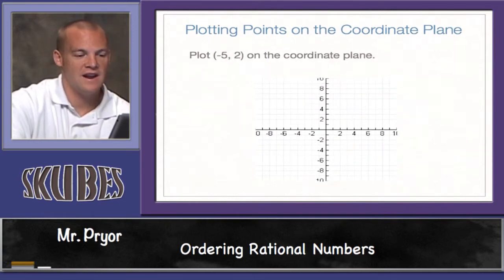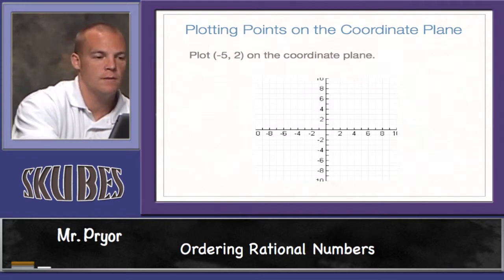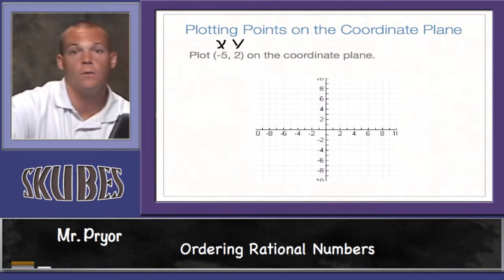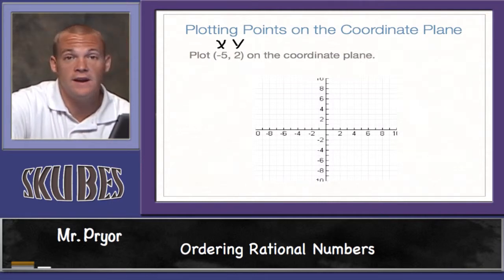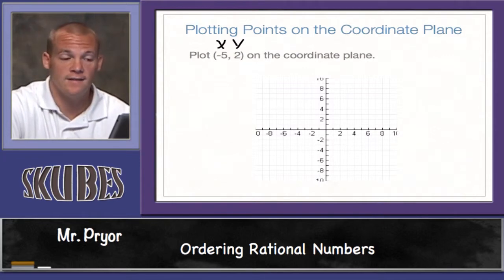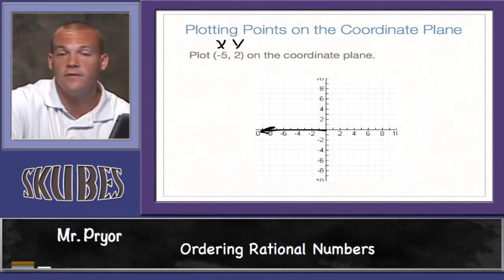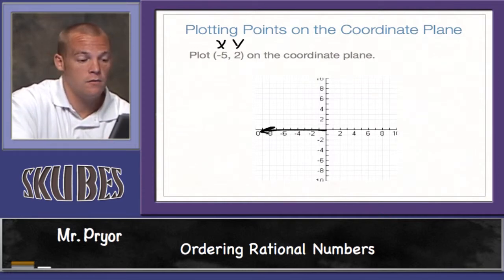All right, this time we have negative 5, 2. So again, first of all, go ahead and make sure you remember which is X and Y. Again, it's alphabetical. X comes before Y. So negative 5 means we need to move in the negative direction on the x-axis. Well, the negative direction, as you can see on the x-axis, is to the left as opposed to the right. So we're going to move 5 places to the left, which would put us right here.